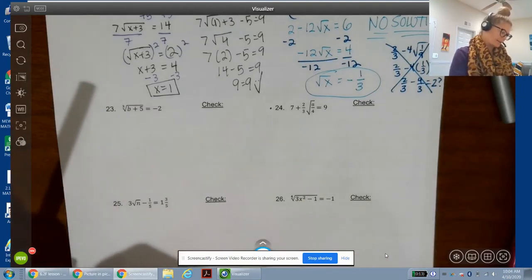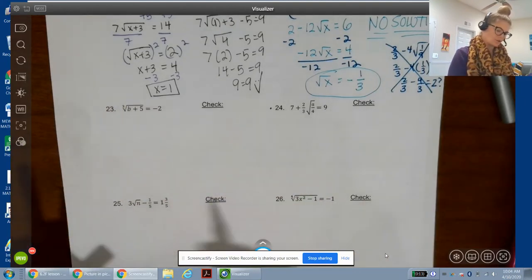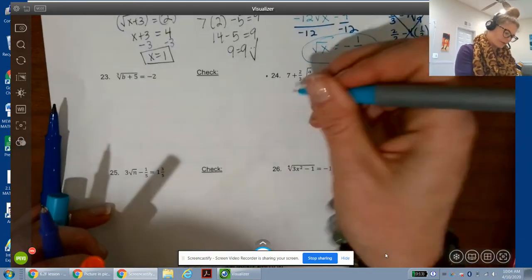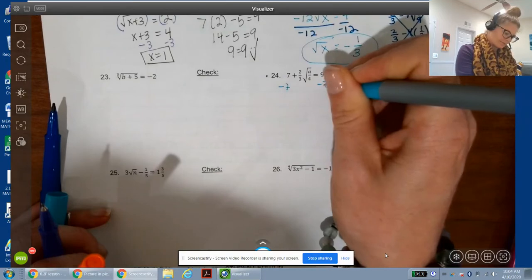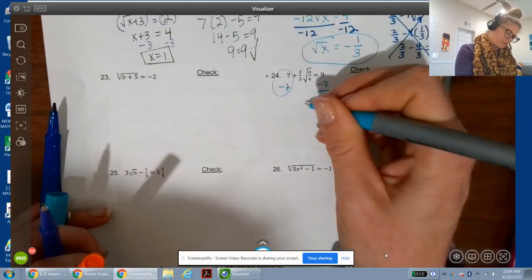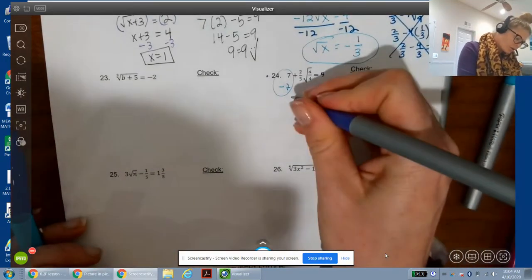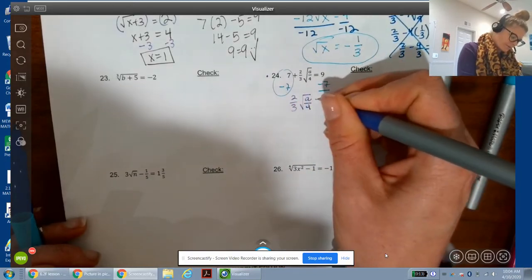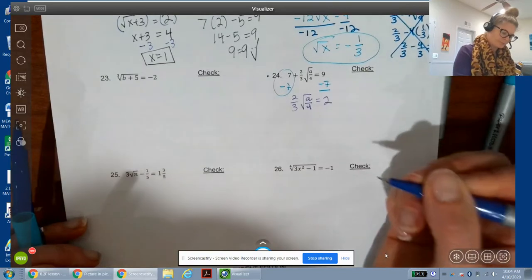First thing we need to do is isolate the exponential, in this case, radical expression. So I'm going to subtract 7 from both sides. When I do that, I will have 2/3 square root of a over 4 is equal to 2.